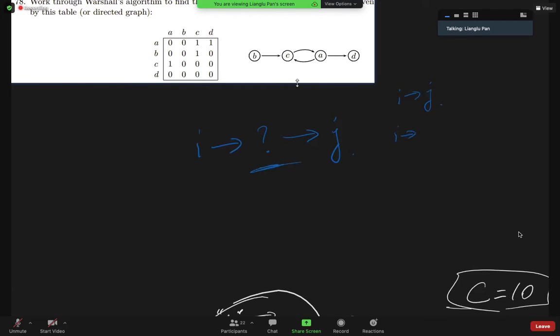It could be I to a stepping stone, then to J. It could be I to 2 stepping stones to J, and so on. As long as we can find a valid path from I to J, then we're going to have that edge in the transitive closure.